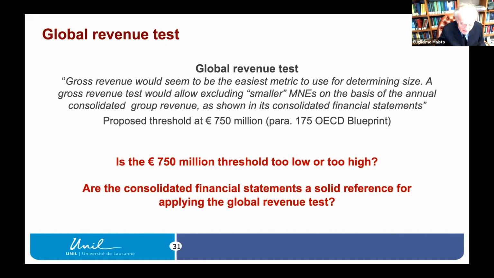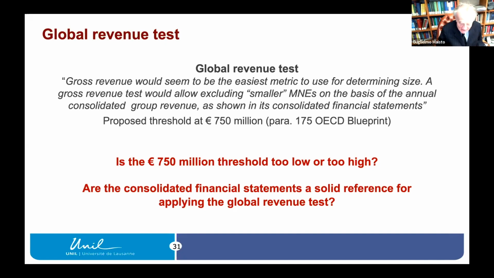If I look at 750 million, then the estimated number of MNEs which would have to be administered will be in the range of 2,300 groups. And if we have a 1 billion global revenue, then the number of MNEs to be administered would go down, but not so much. It will be in the range of 2,000 multinational groups.